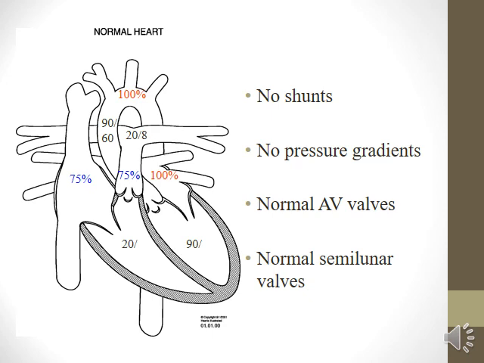The atrioventricular valves are normal, and the semilunar valves, that is the pulmonary valve and aortic valve, are also normal. This shows the pressure in different chambers: aortic circulation 90/60, pulmonary circulation 20/8.